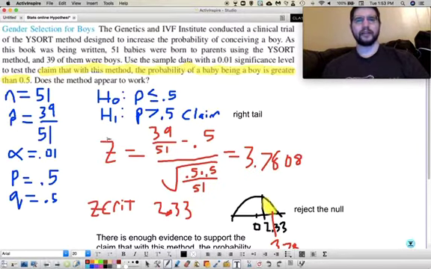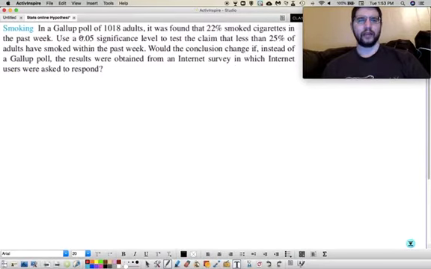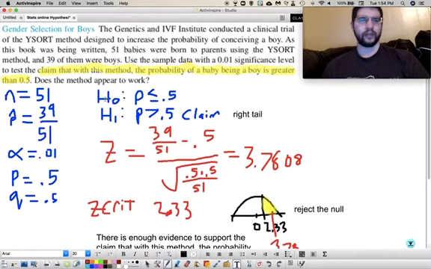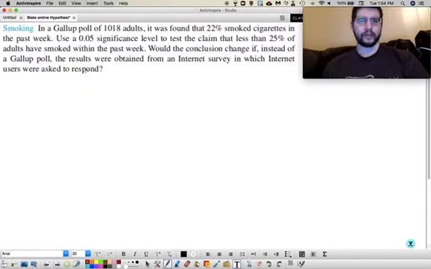If you remember the conditions, there has to be a random sample, N times P has to be greater than or equal to 5, and N times Q has to be greater than or equal to 5. 39 is greater than or equal to 5, and the Q hat would be 12, so that's greater than 5. So we're good. Same thing here: 22% smoke, that's the smaller number. 22% of 1,000 is definitely bigger than 5.